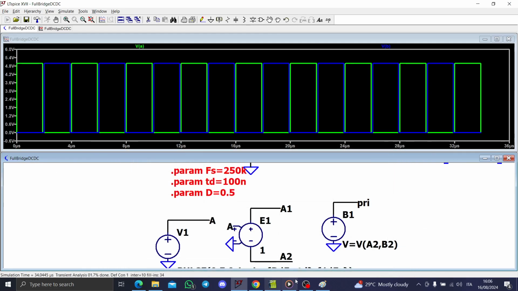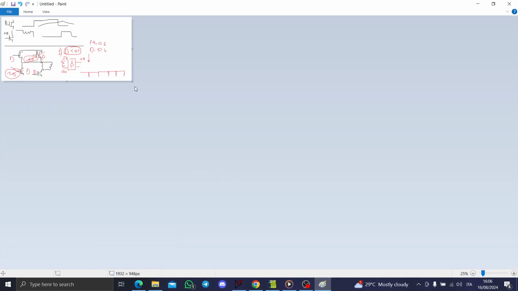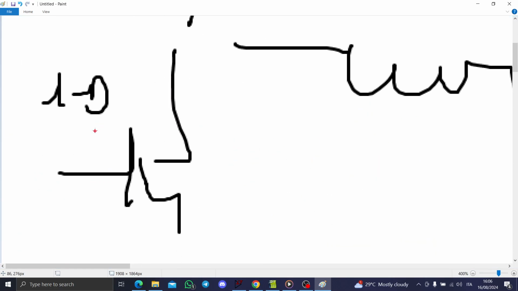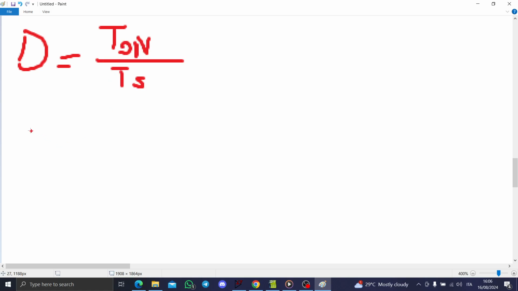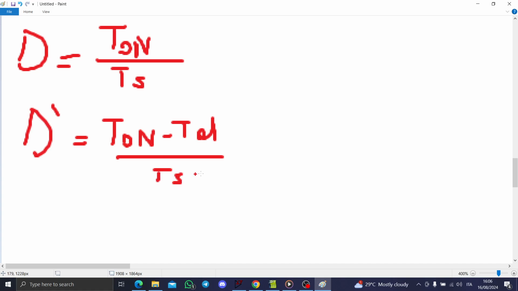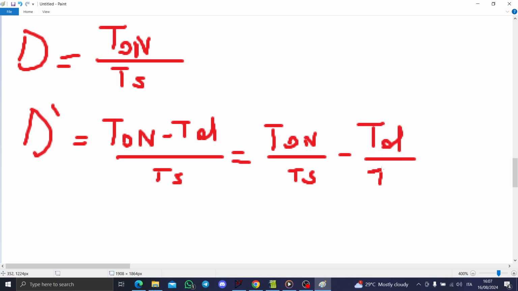How to do it? Basically, there is this equation here. You have the duty cycle D, which is T on over Ts. Now you see that D prime is equal to (T on minus TD) over Ts, which in turn is equal to T on over Ts minus TD over Ts.